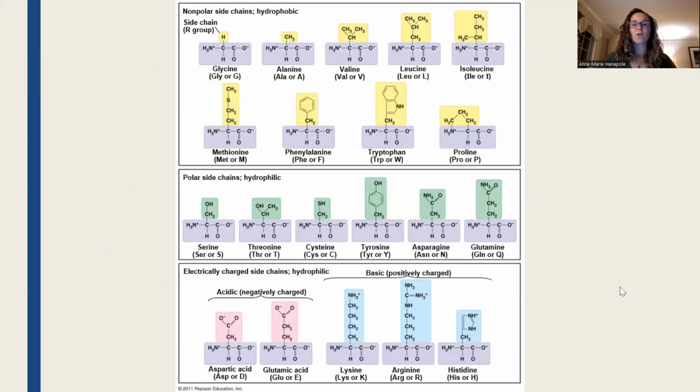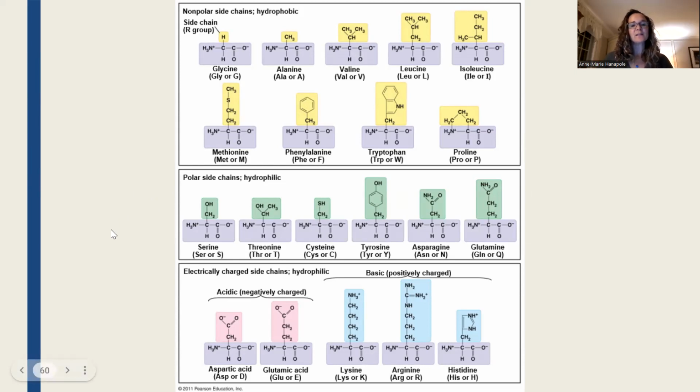Those R groups are going to have different characteristics. Some of those R groups are going to have nonpolar side chains, and if they are nonpolar, then they are going to be hydrophobic. That's going to cause the protein to fold in a unique way so that those side groups are moving away from where there is water. So usually they get tucked on the inside of the shape of the protein. And then sometimes the side chains are going to be hydrophilic, and there are a set of amino acids that are hydrophilic.